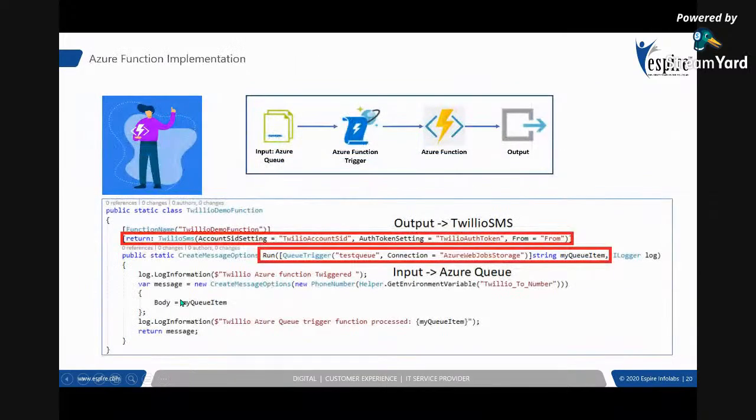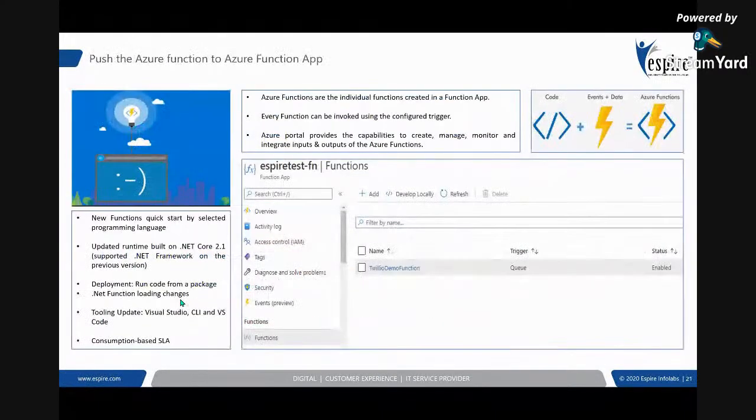As you can see here, this is the function that I will showcase in our Azure account, where we are integrating this DLL. You can use Visual Studio, CLI or Visual Studio Code to develop your functions, and directly publish the function to Azure. And it's a consumption-based SLA that Microsoft provides for you.